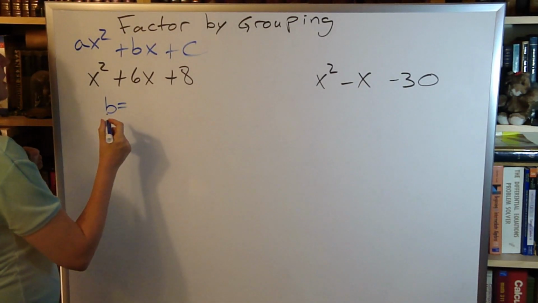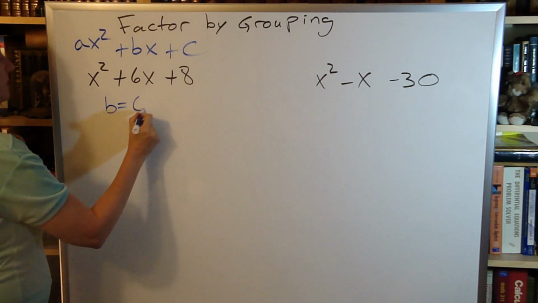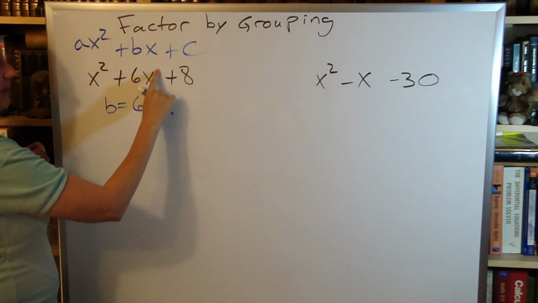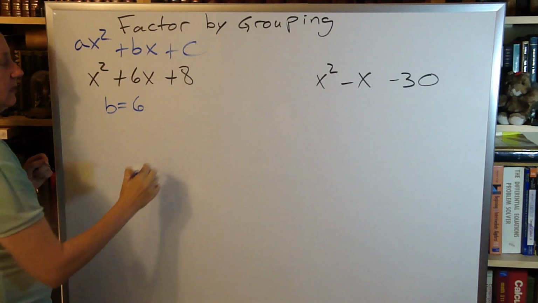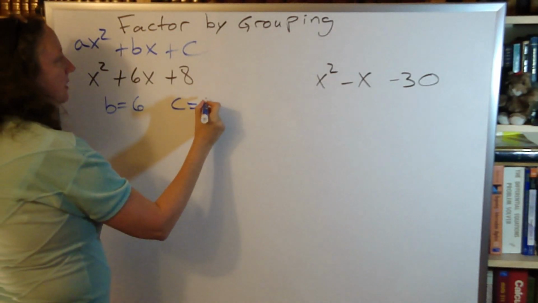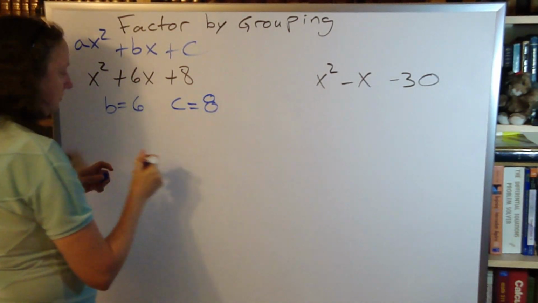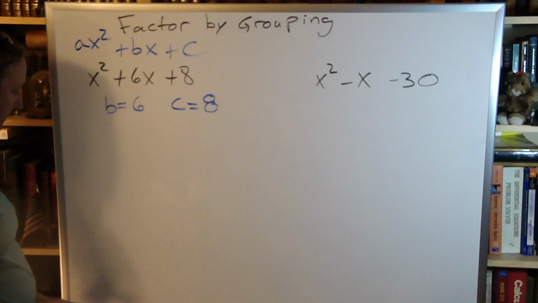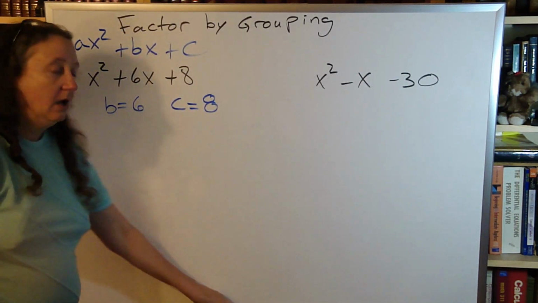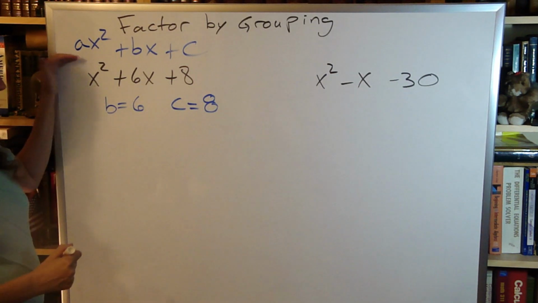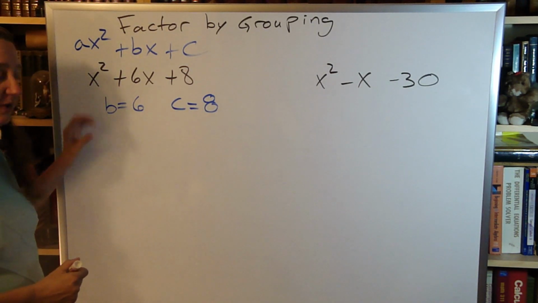B is 6, because it's the one that's multiplied by the x to the first, and c is 8. So line it up, identify b and c.